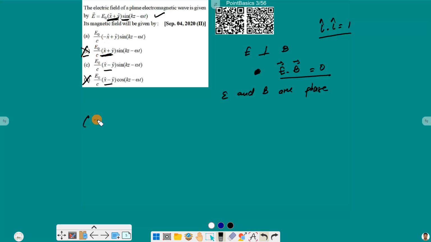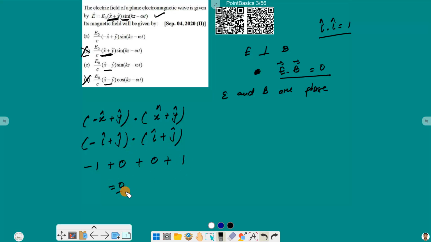So for minus x plus y dot direction of electric field, that is x plus y. Now we can assume x as I and y as j, so minus I plus j, and here I plus j. If we take their dot product, it will be minus I square, that will be 1, plus I dot j, that will be 0, plus j dot minus I, that will be 0, and plus j dot j, that will be 1. So this will give us 0.